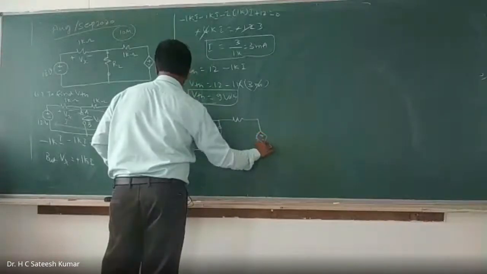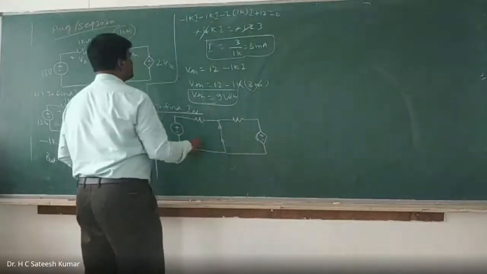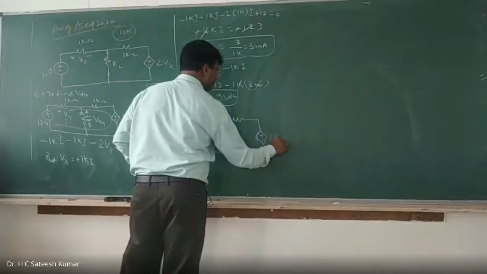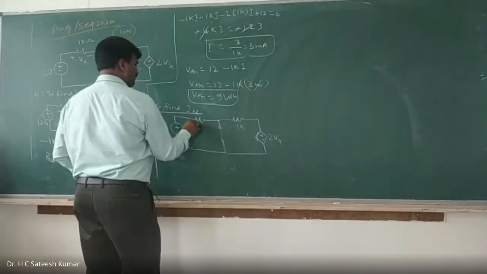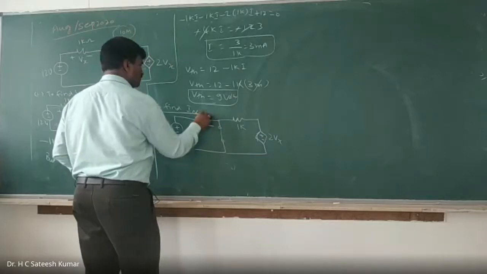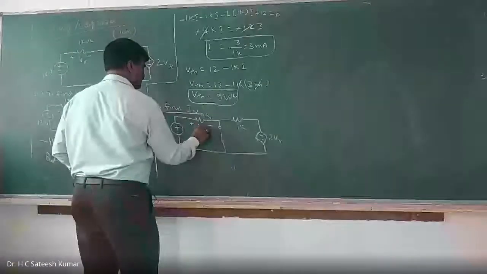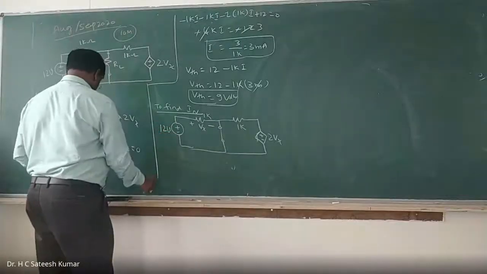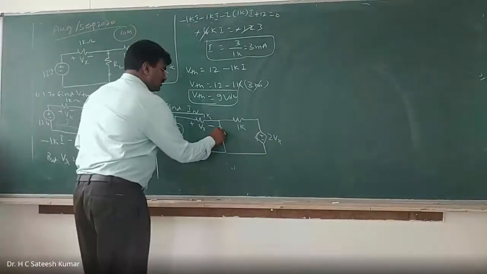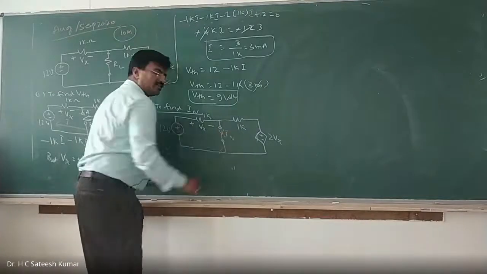Plus minus 2Vx, 1K, plus minus, 1K, Vx, 12 volts. This is your short circuit current IN.